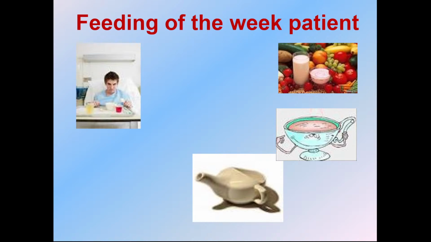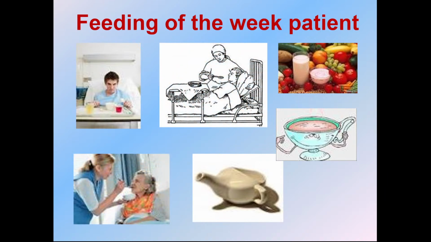But we said, if the patient needs additional attention, food must be easily assimilable. We must remember about the patient's predilection for some foods, and nutrition must be during the period when the condition becomes better.